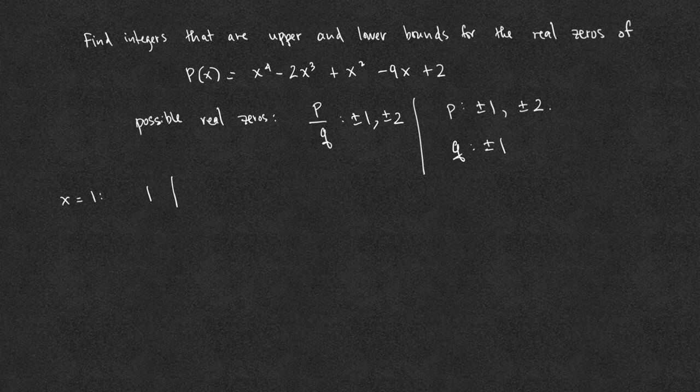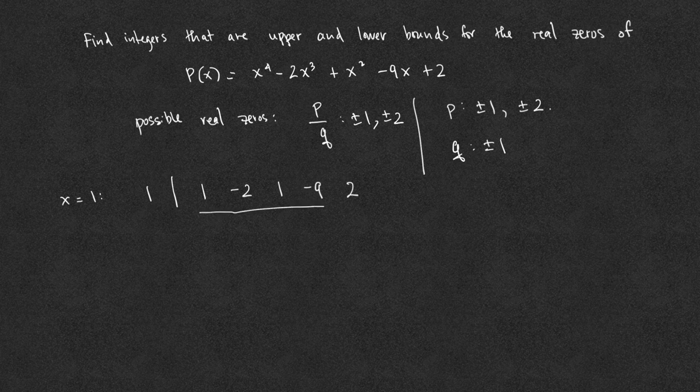The coefficients of the polynomial, starting with the coefficient of the highest degree term, which is 1, and then negative 2, 1, negative 9, 2. Remember that if there are any missing terms, we would have to put 0 in there. In this case, all of the terms are present: x to the fourth, x cubed, x squared, x, and then the constant.